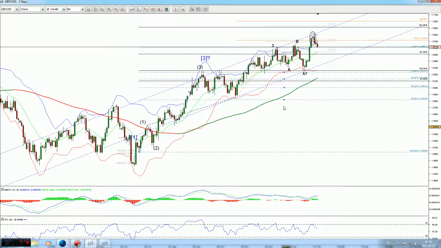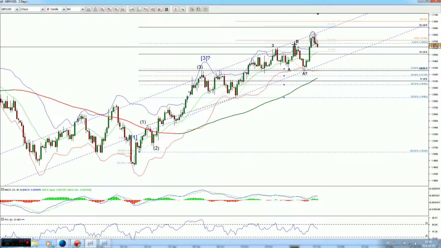I may try to adjust it to this top. The market has touched this 23.60 last time, and now we may touch the 38.20 level for the fourth corrective wave, right? Okay, the market may make this fourth corrective wave in this area.